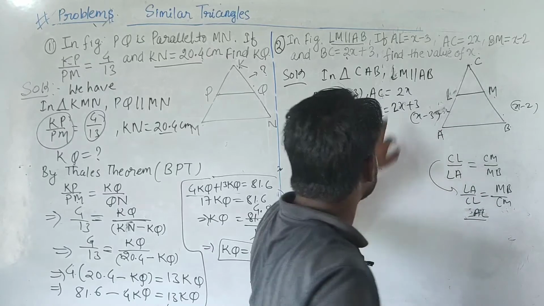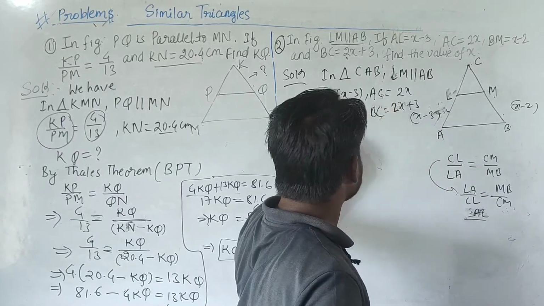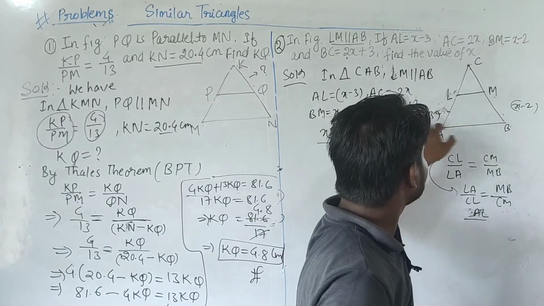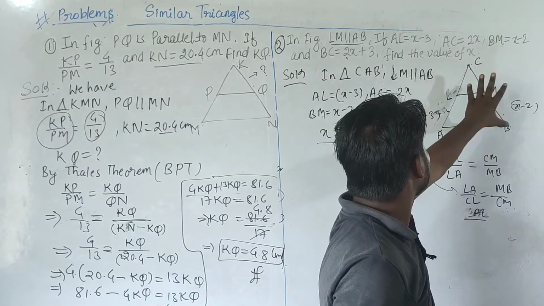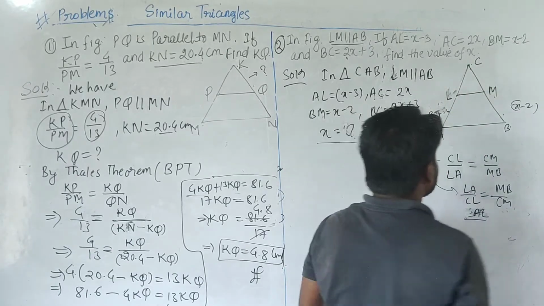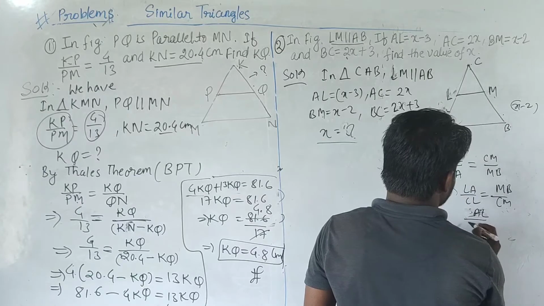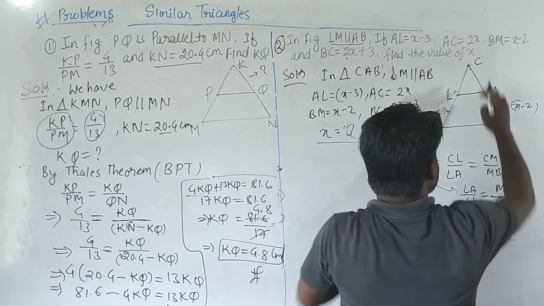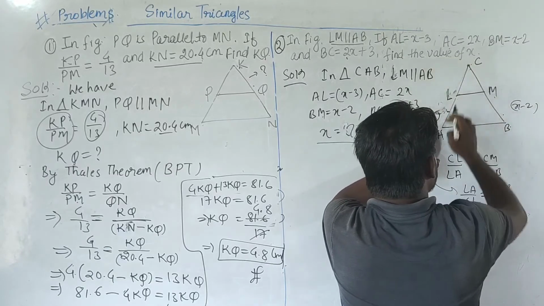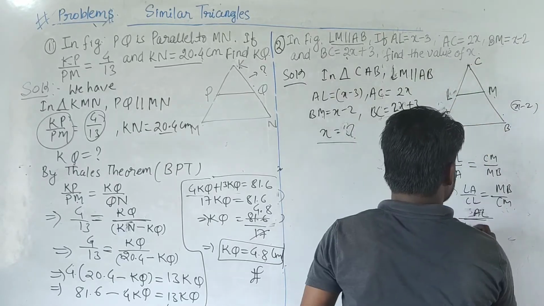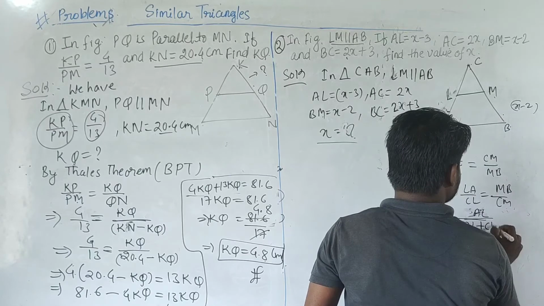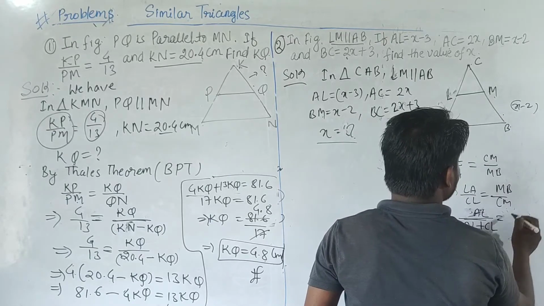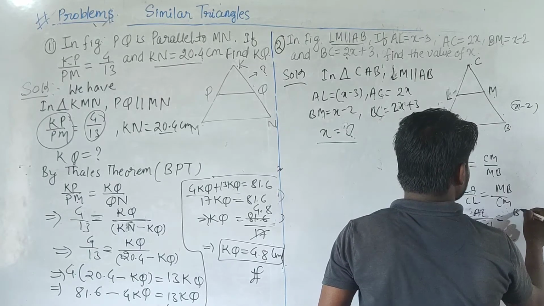The values of AC, BM and BC are given. AC can be written as AL plus CL. So AL plus CL equals MB or BM.